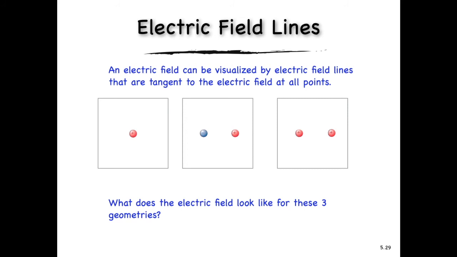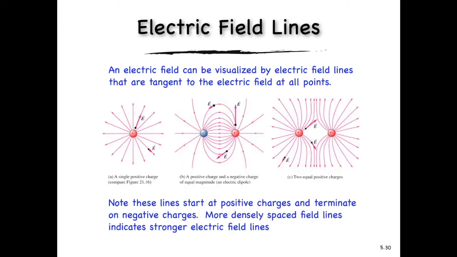Well, it gets complicated to draw lots of little vectors. So sometimes what we do is we pick a point, we say, what direction is the electric field? Okay, it points outwards. So let's move out a little bit and ask again, what direction is the electric field? Still outwards, so let's keep drawing outwards. Let's just follow a line in the direction of the force vector, and we call that an electric field line. And so here's what the electric field lines would look like.